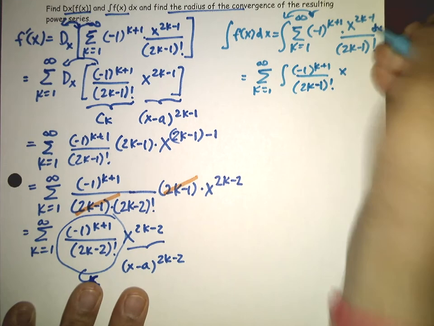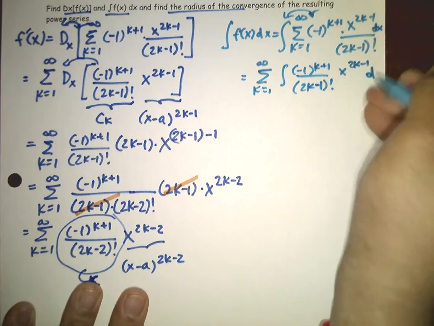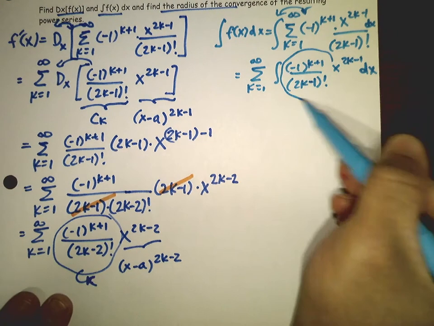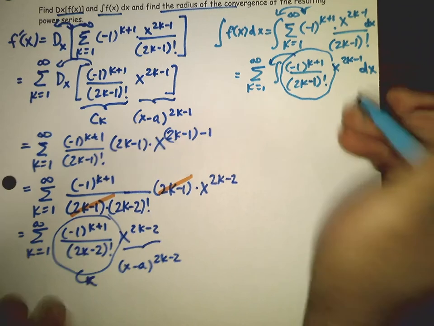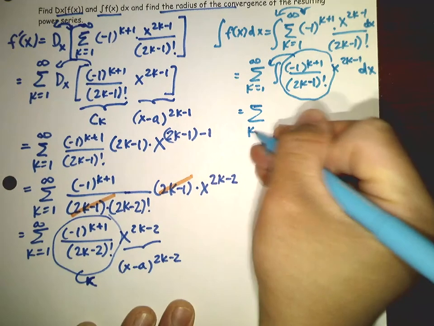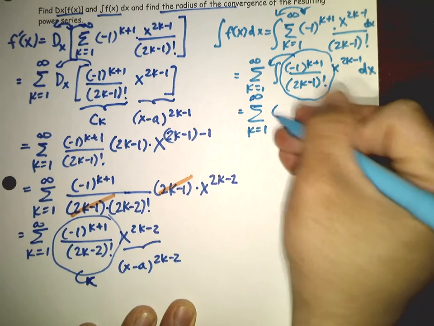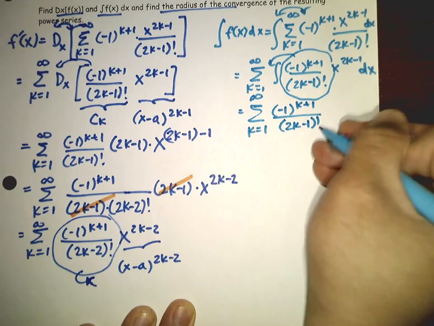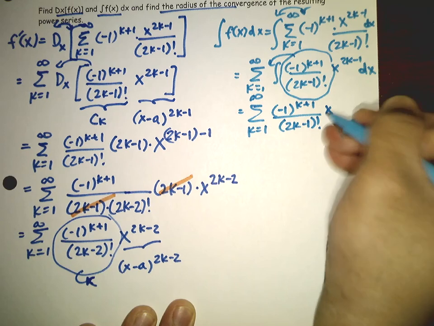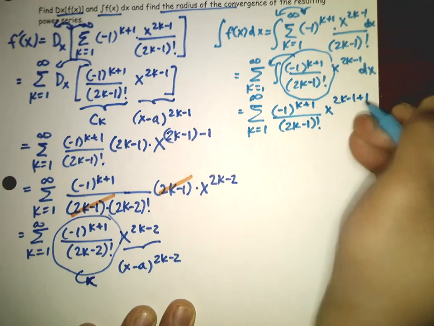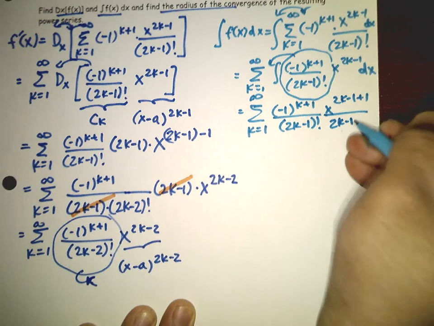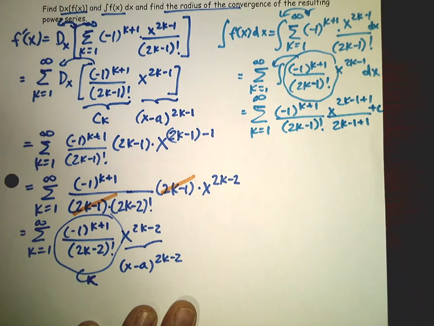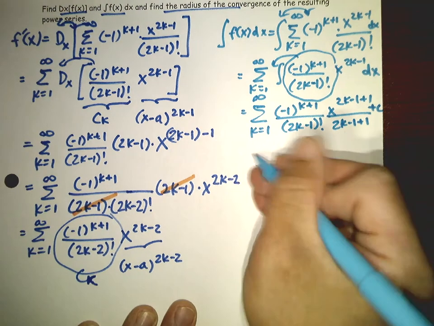I did not write dx earlier. I see that this here is a constant, so it can be brought out in front. So I'll use the power rule for the integral: x to the 2k minus 1 plus 1 over 2k minus 1 plus 1, plus c.